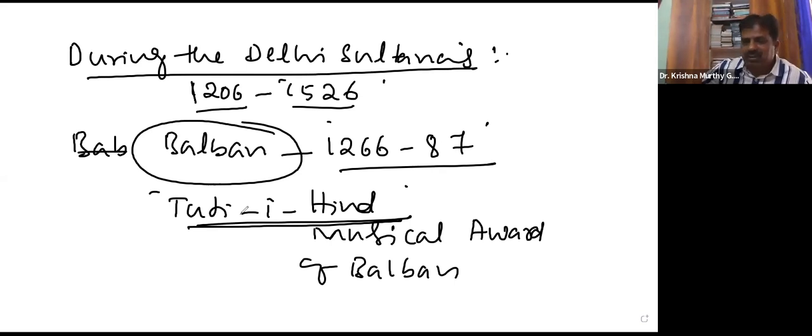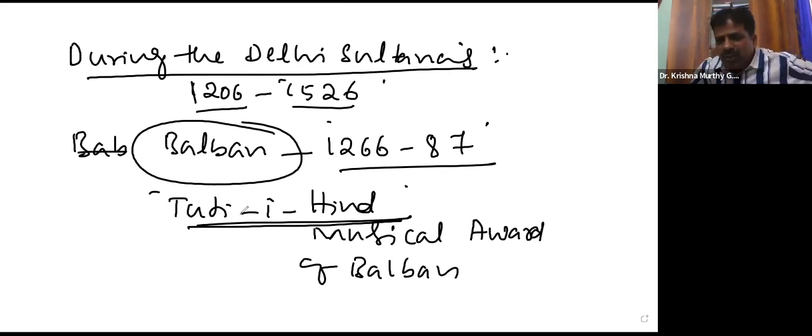Therefore, he was not only a musician, he was a versatile character. He was a musician, poet, scholar, theologian, debater, translator. He worked in different sectors in those days.